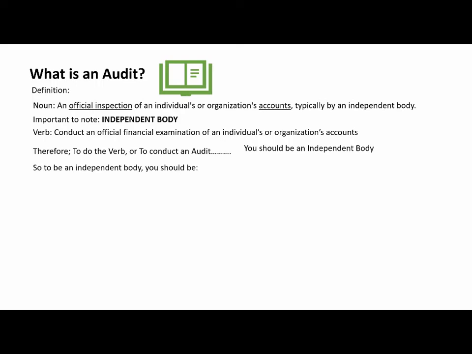So to be an independent body, you should be usually external, someone from outside the company, not part of the regular daily process of activities, so that when you go look at them, you're not invested in them. You have an objective view. You didn't perform that work. You're just reviewing that work with an educated understanding of what should be happening.